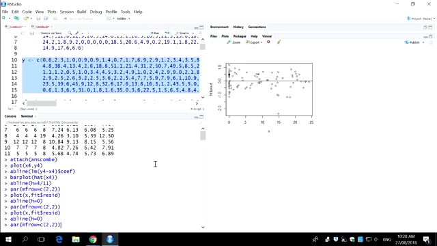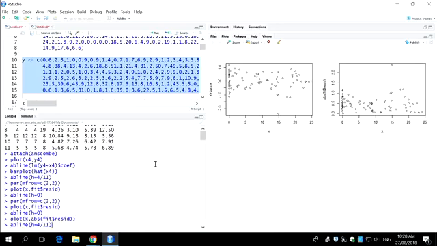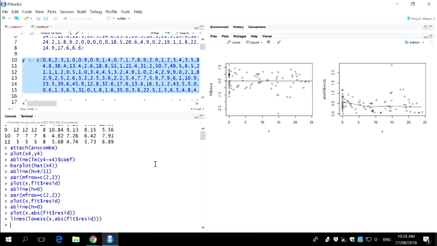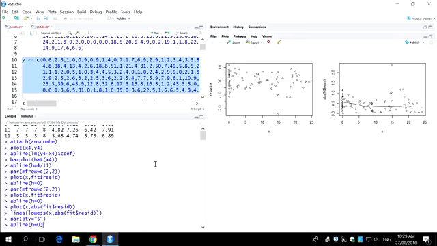Then you do the absolute residual plot, and pop on the lowess smoother. There's my absolute residual plot. Next you'll do the QQ plot, qqnorm. First, par(pty = "s"), then qqnorm.